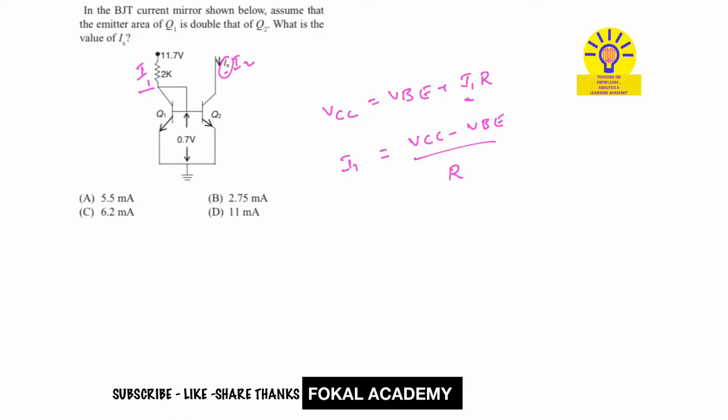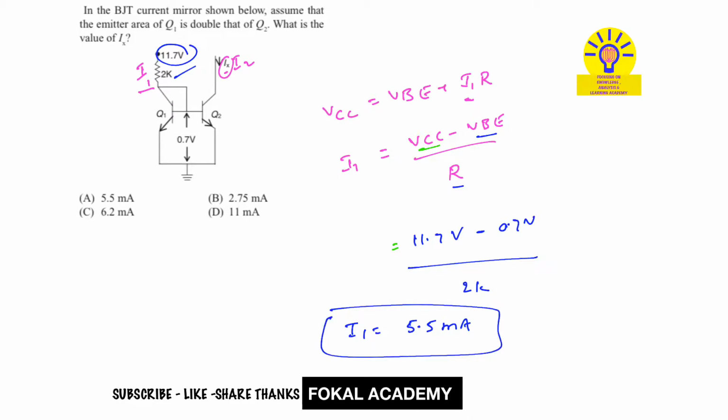So I1 equals (11.7 minus 0.7) divided by 2 kilo ohms, and from this we get I1 as 5.5 milliamperes.